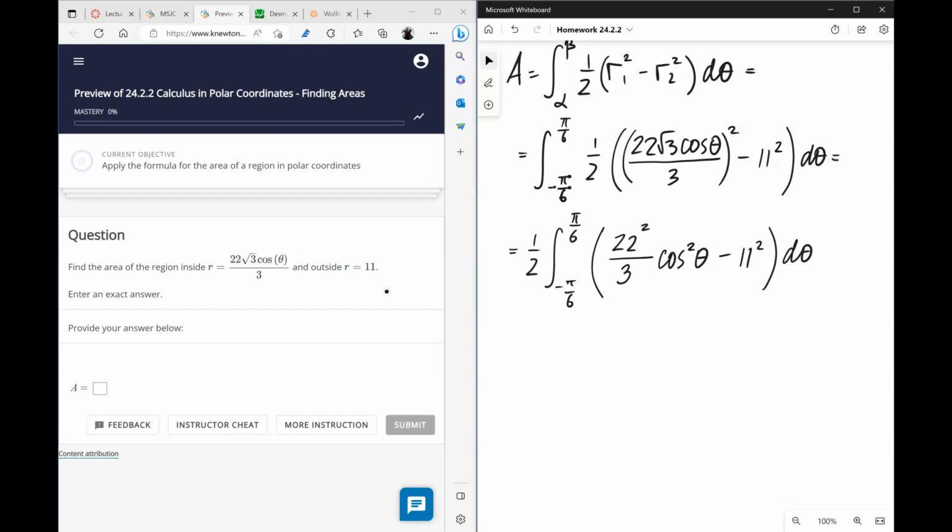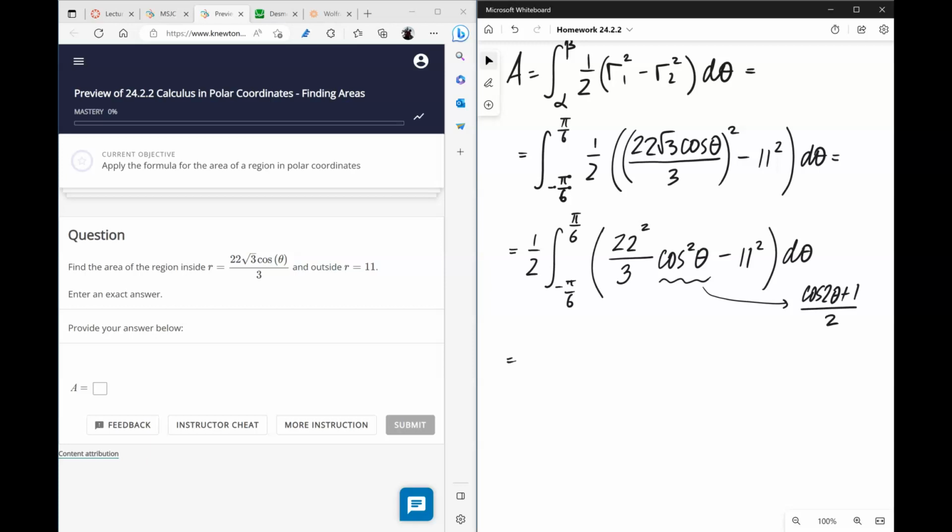Technically we should be able to do this by hand. Using the reduction of power formula, instead of cosine squared theta, we can write cosine of 2 theta plus 1 over 2.